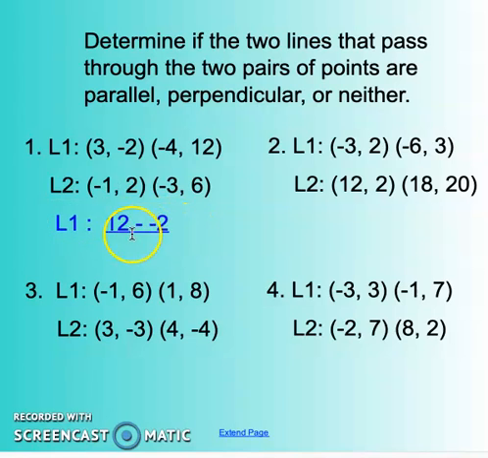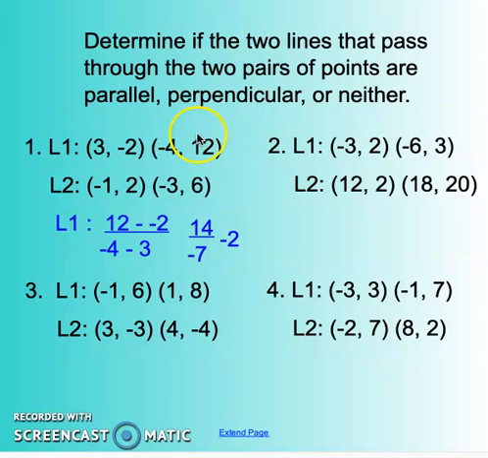Then we subtract our x's: negative 4 minus 3. So we have 12 minus a negative 2, which is exactly 14, and negative 4 minus 3 is negative 7. We can simplify this, and it equals negative 2.